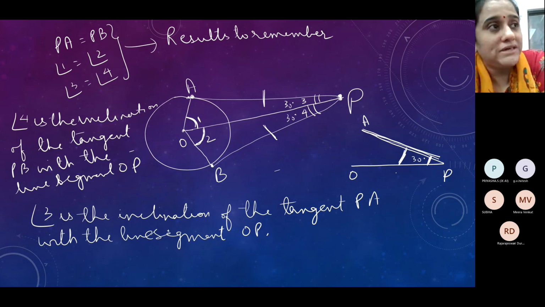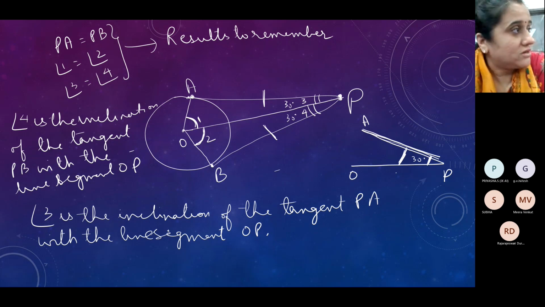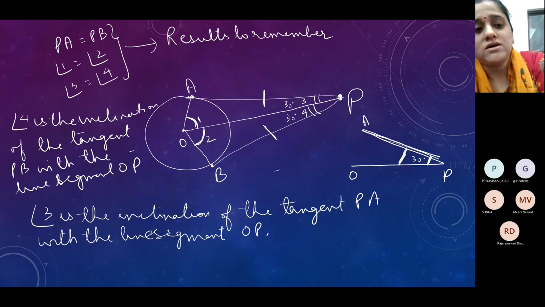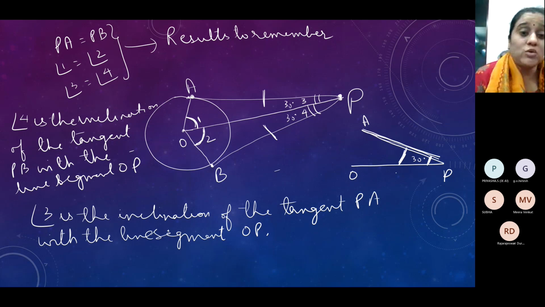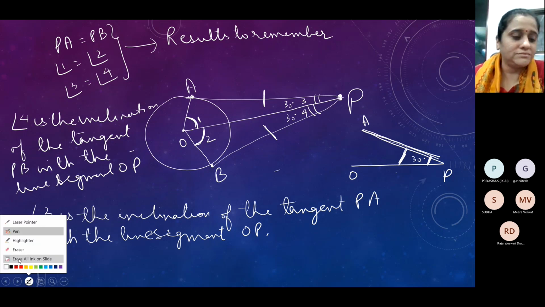So the tangent PA is inclined at an angle of 30 degrees with the line segment OP. So the result is equal tangents are equally inclined to the line segment joining the center and the external point. So now let me write all the results.